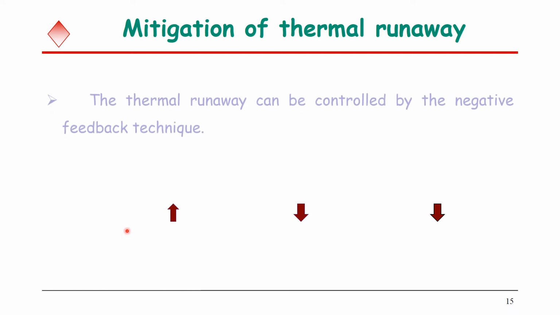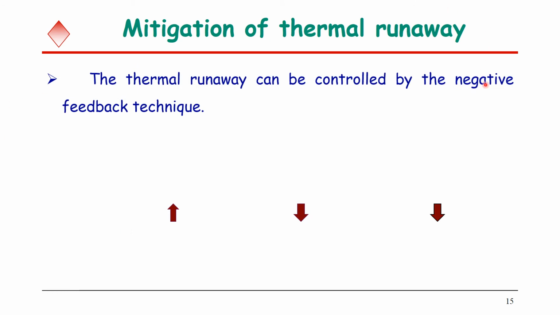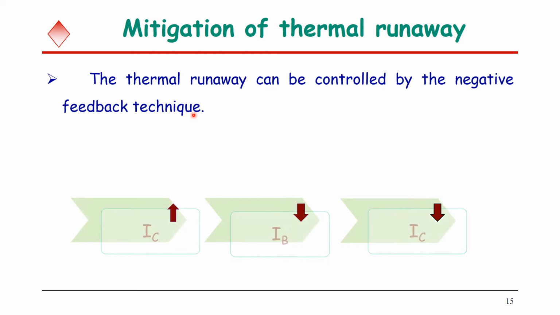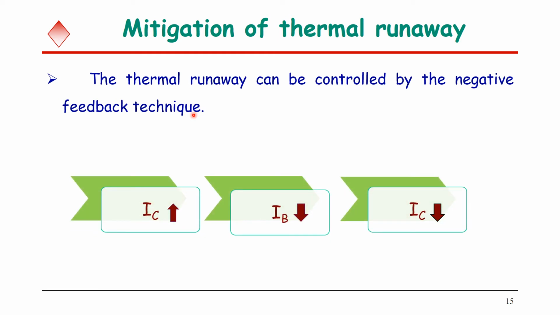Thermal runaway can be controlled by the negative feedback technique. Whenever the output current IC increases, a portion of the output is fed back to the input, so the input current decreases.